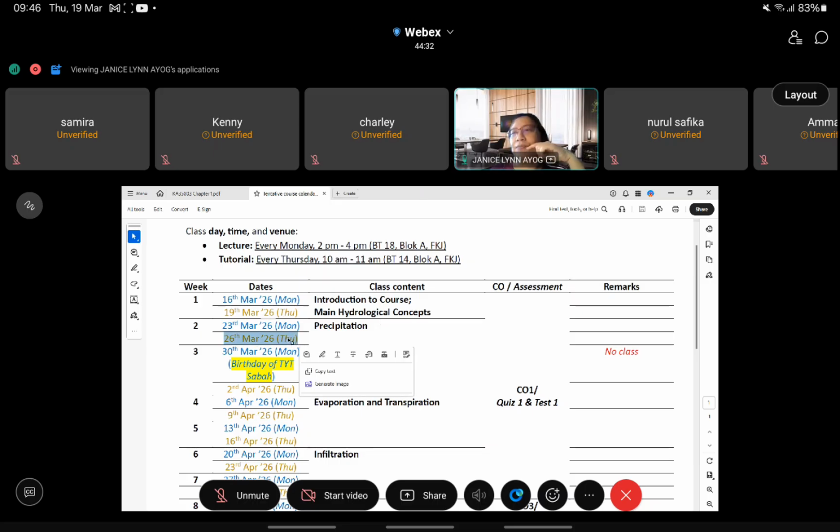And then on the next Monday, there's going to be another holiday, so I might have to replace this too. So basically, these are tentatively the planning of classes, but again, it really depends on our holidays.